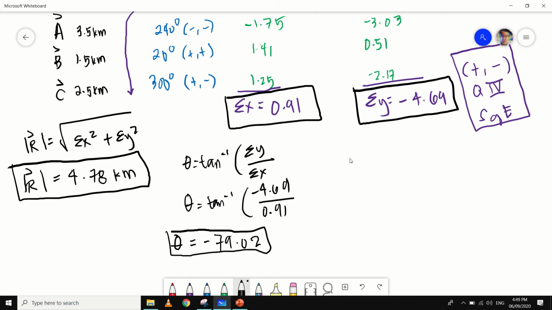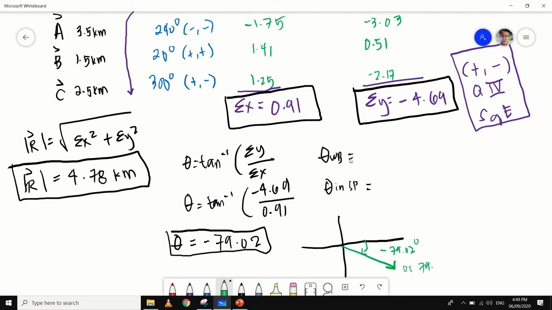Before we proceed with writing the angle with bearing and the angle in standard position, we first illustrate where negative 79.02 is. Negative 79.02 follows a clockwise direction. So negative 79.02 is located in the fourth quadrant, or we could just say that this is 79.02 south of east.